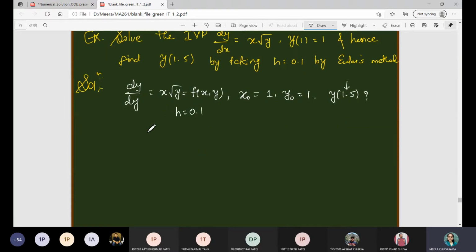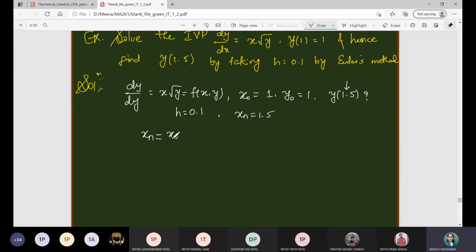So for that one we will consider how many iterations we have to consider. Here you can write xn, that is the point where we want to reach. xn we are given is 1.5, where the function value is asked. From this you can determine the number of iterations. Let me write the standard form so that you can remember it.